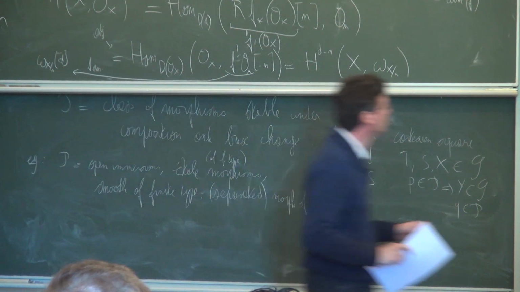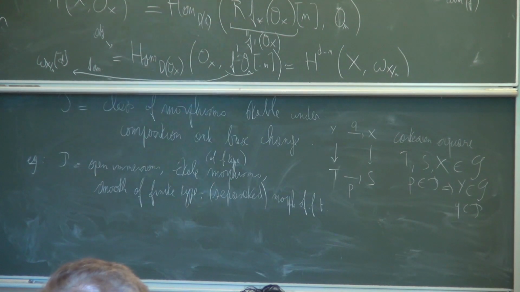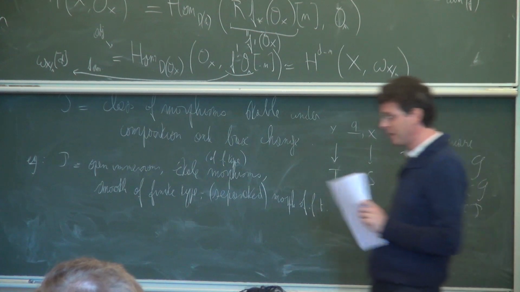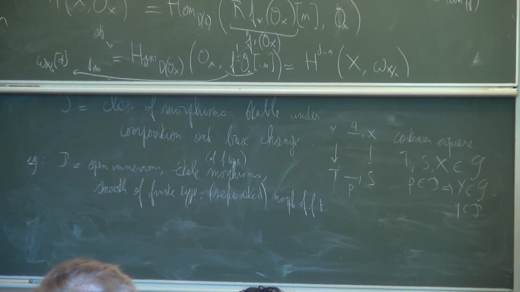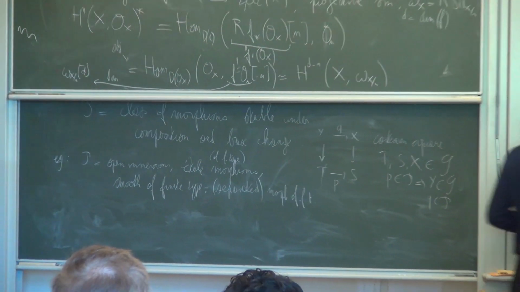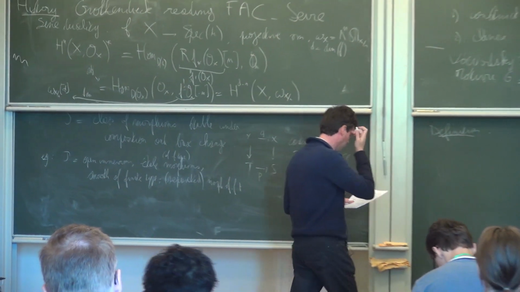Okay, so let's start with the first definition. I'm sorry, in this talk there will be many axioms. I hope you will not be overwhelmed. So what do you need to build this six-functor formalism?